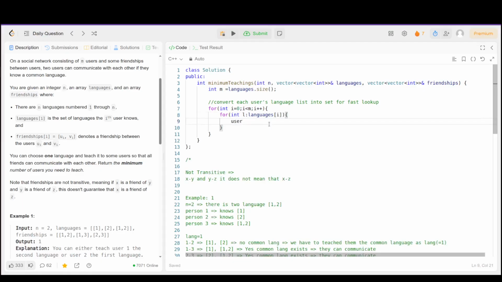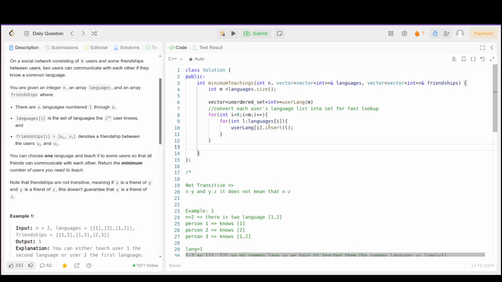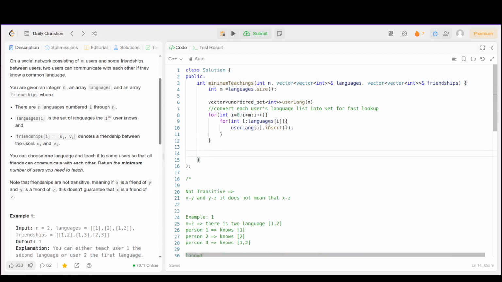So we define a vector of unordered set of int, named userLanguage, that will take m entries. Then userLanguage of i dot insert l. We are just hashing the languages each user knows.